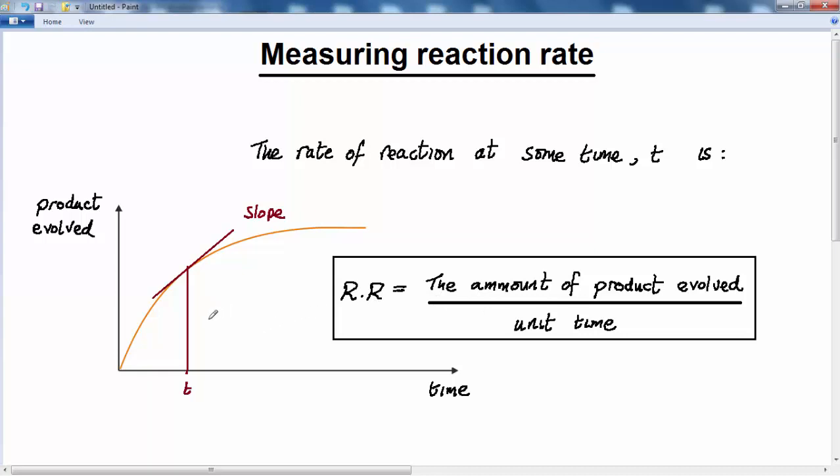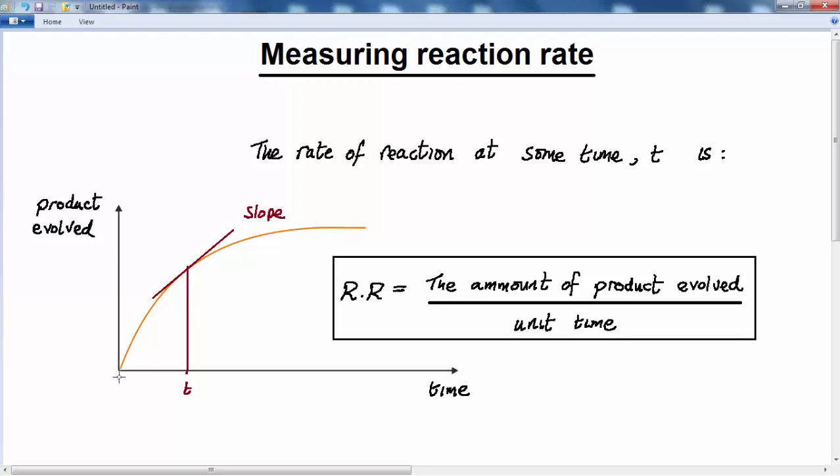Now, you won't really be expected to calculate slopes like this, I don't think, in your IGCSE, GCSE exams, but what you really need to understand is how to interpret these graphs qualitatively. So to recognize that the slope of the graph tells you the reaction rate.